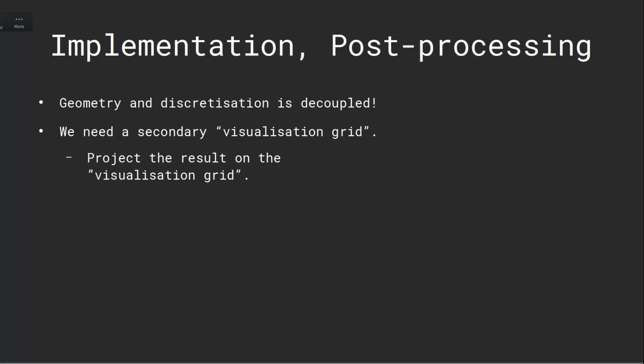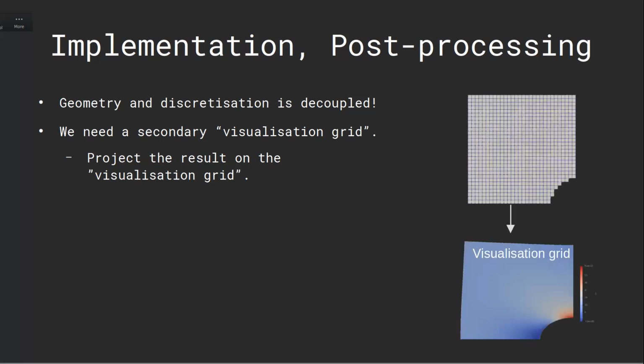So we need some secondary visualization grid. If this is a plate with a hole here, and this would be the computational mesh, then whatever results we get on this, we have to project on some visualization grid that respects the boundaries.